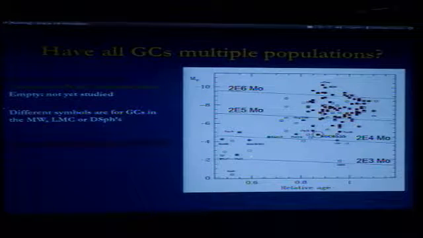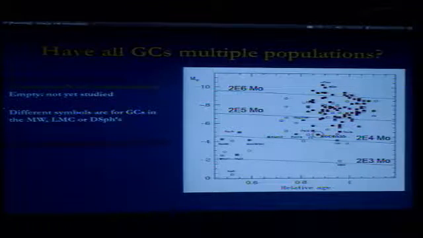And you see that there is a clear trend. All the luminous clusters have the sodium-oxygen anticorrelation. Less luminous do not have. A couple of examples like Pal 5 and NGC 6535 are evidence for mass loss.